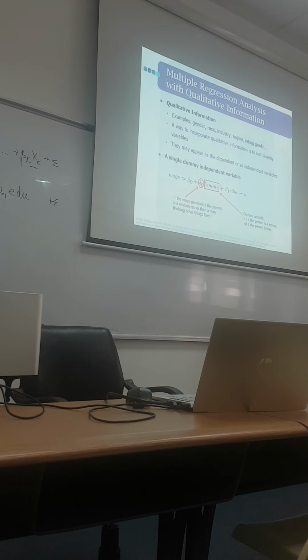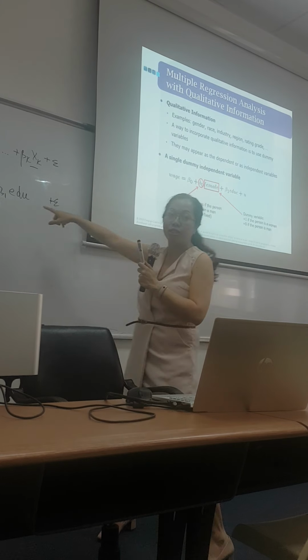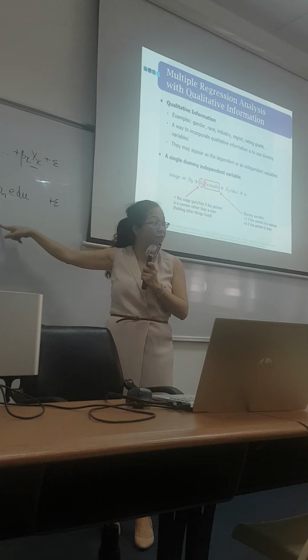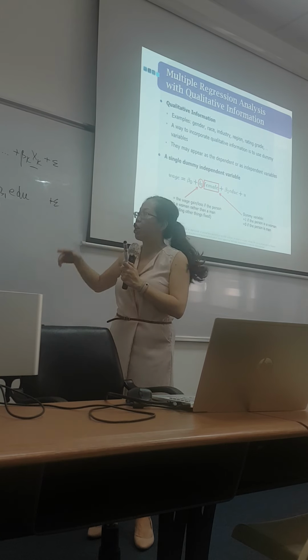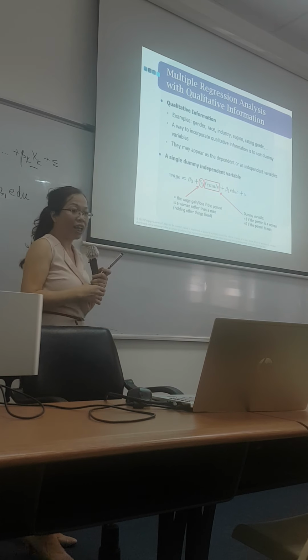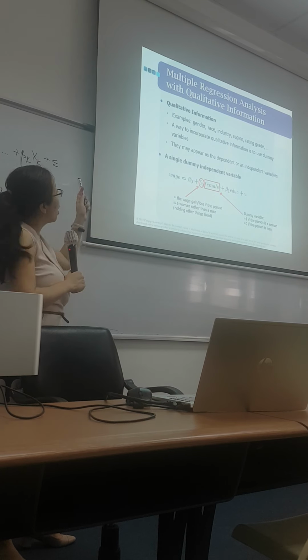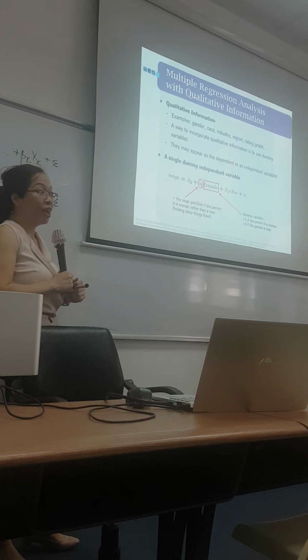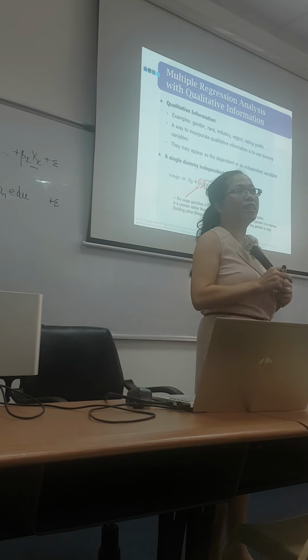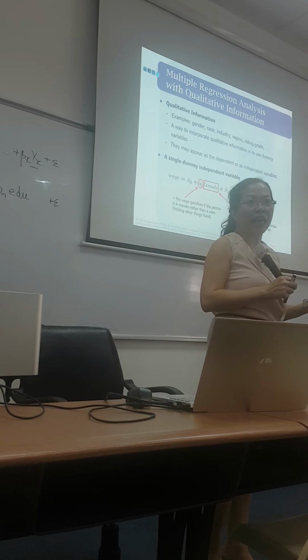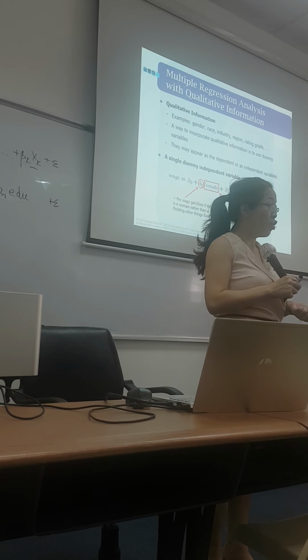So before, the variables we looked at were basically quantitative data. Now we're going to incorporate qualitative data in this formula, for example gender or race. Race can be black, white, Asian, or a European country.